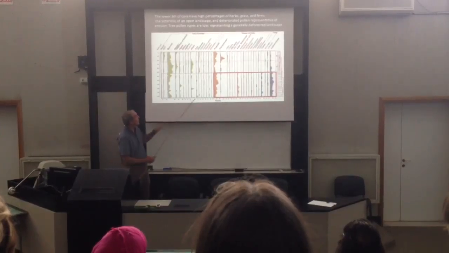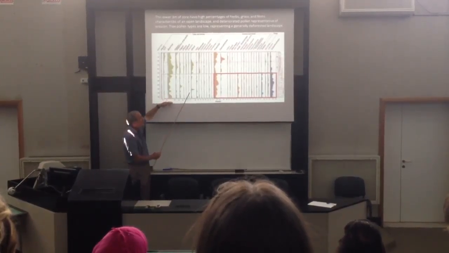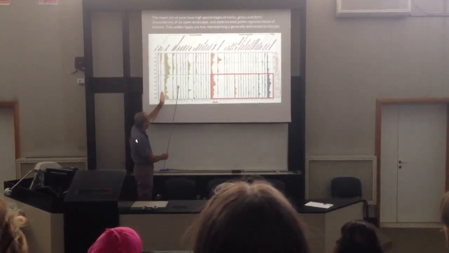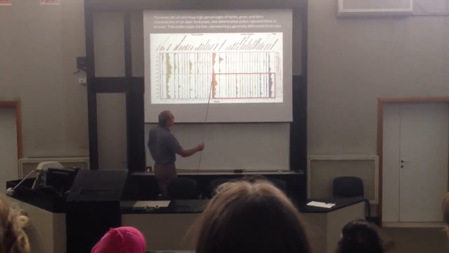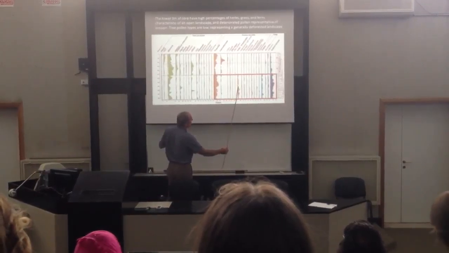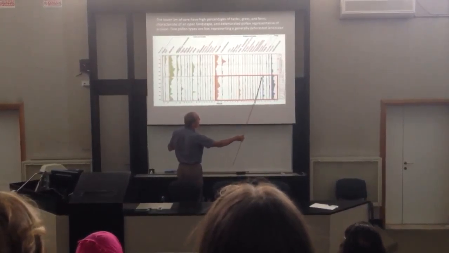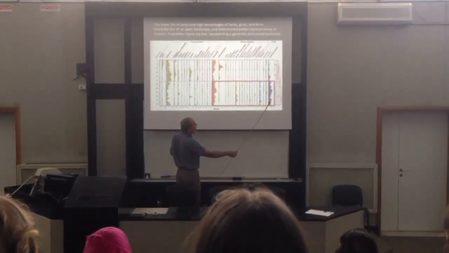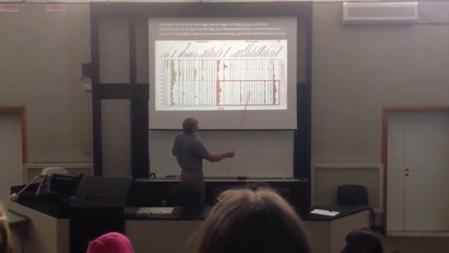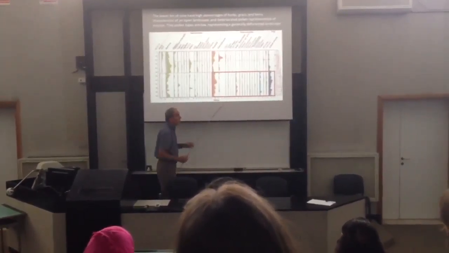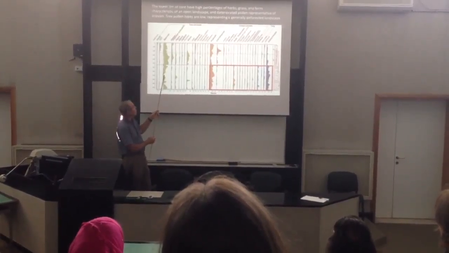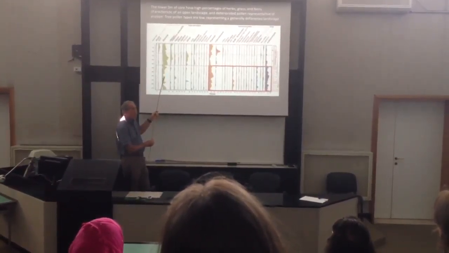Now, if you come to the lower third of the diagram, what's interesting is there are fewer trees, and there is much more grass, much more Asteraceae, many more ferns, and a lot more pollen that we cannot identify. All of these suggest that it was a much more open landscape and a more deforested landscape.